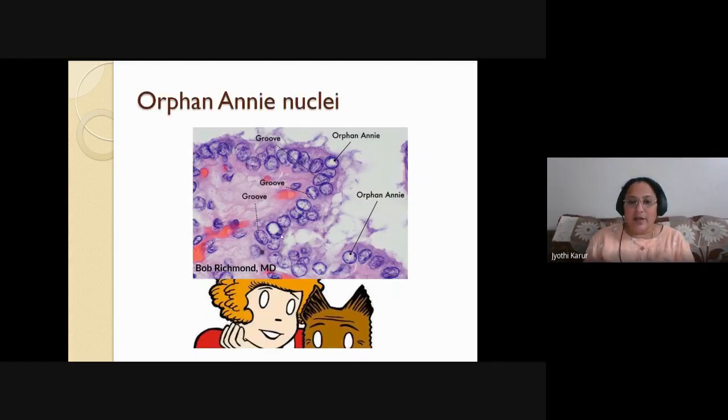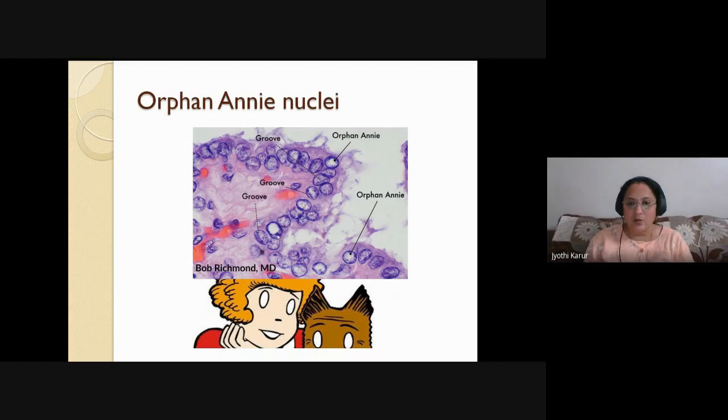See, the famous Orphan Annie nuclei. This was the cartoon character. Look at her eyes. They are almost empty looking. And now look at these cells, and the nuclei are grooved, and this looks empty. So this is giving an empty Orphan Annie eye picture.